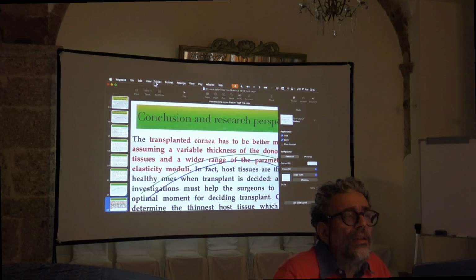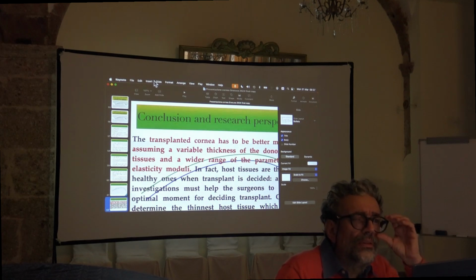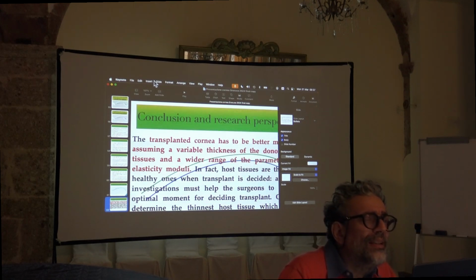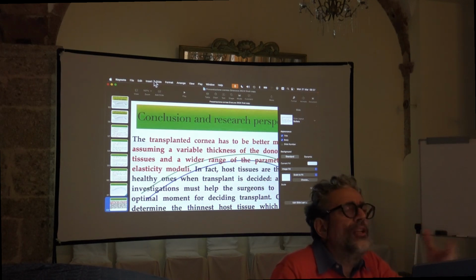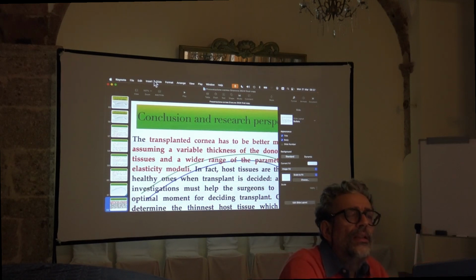For instance, the images which I've shown you are very rare, because albeit the machines are available now, they cost 1 million euros. But you know, you can have one machine in a place and you send all the patients there.